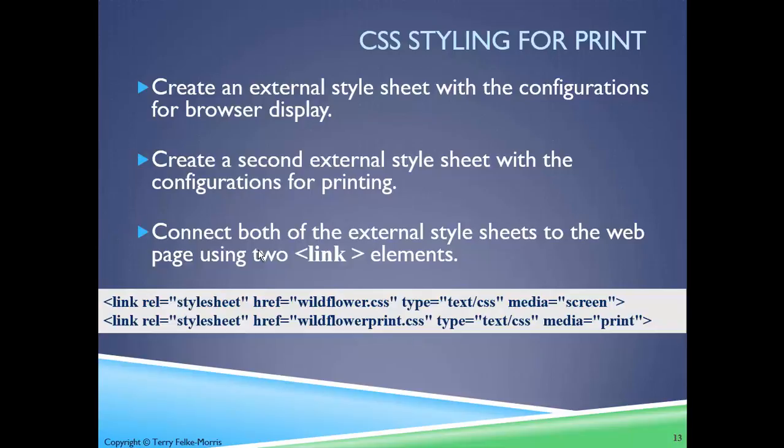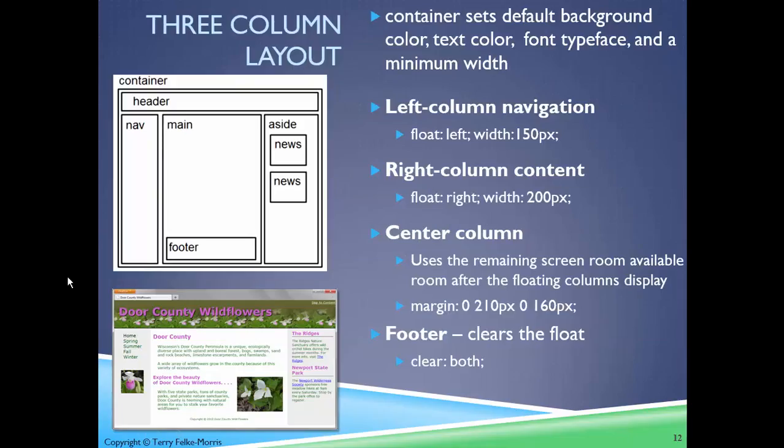Now, a couple things to think about for this. First of all, if I had a website that looked like this, that had a lot of color in it, probably one of the first things I'm going to do when I'm working on CSS for print is change my background color to white and my text color to black, because there's no sense in me printing things in color, typically at least.